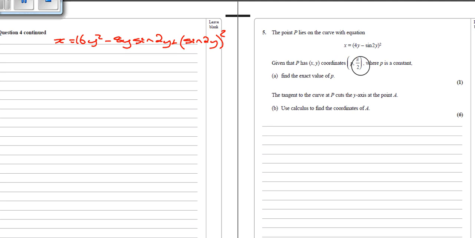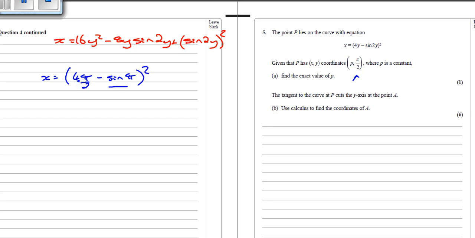The y coordinate is pi over 2, it's the x coordinate we need. So we know that the x coordinate equals 4 lots of pi over 2 minus sine of 2 lots of that, which is going to be sine pi, all squared.